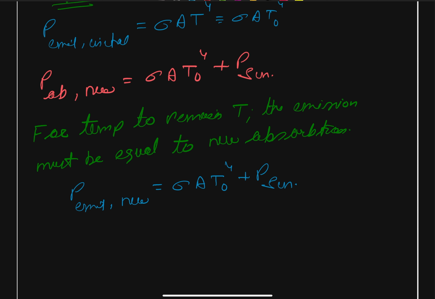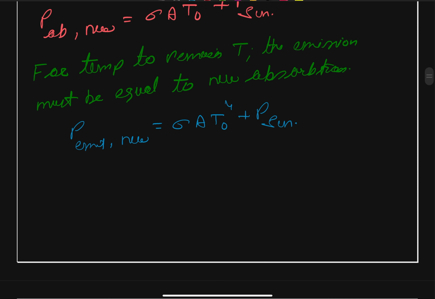But we know that our P sun is greater than 0. Therefore, we can say that our P emit nu will be greater than sigma A T raised to power 4.